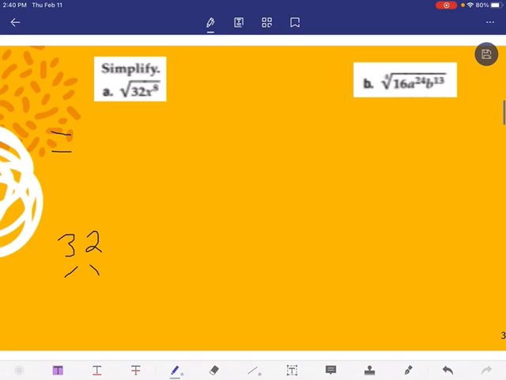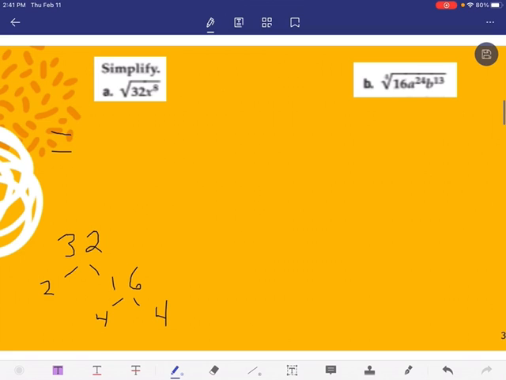However, we can reduce this, and we've done some of this in the past, hopefully, in some of our other algebra classes, but let's just review this. So if I were to break this apart, it would be 2 times 16. And then 16 is going to be 4 times 4.